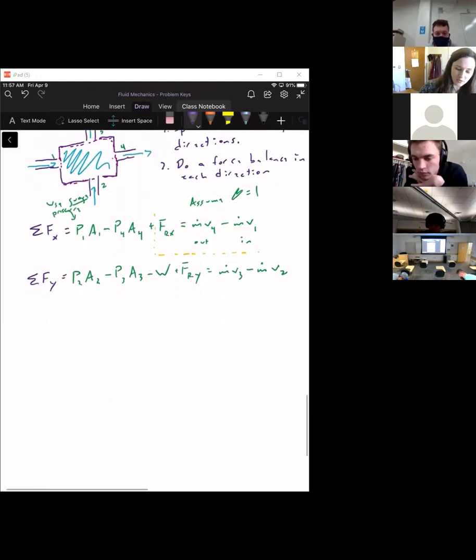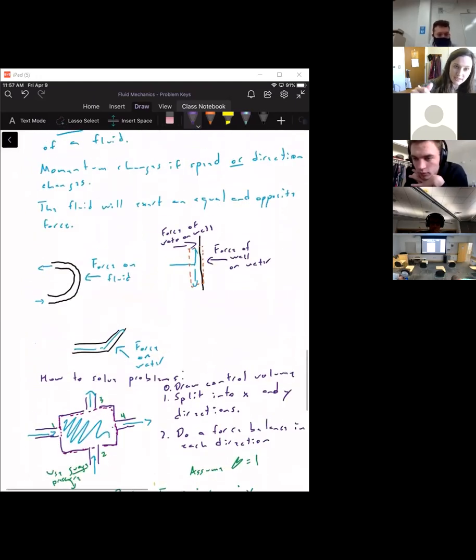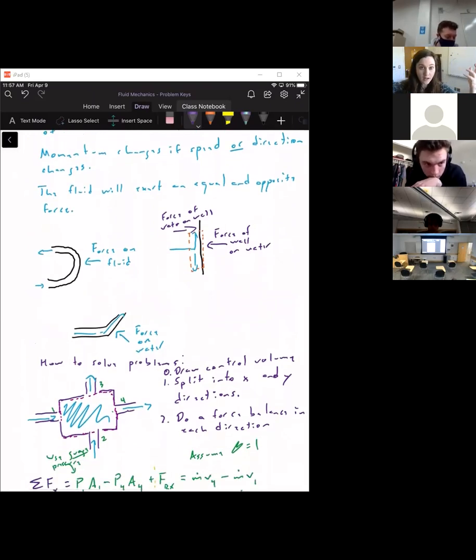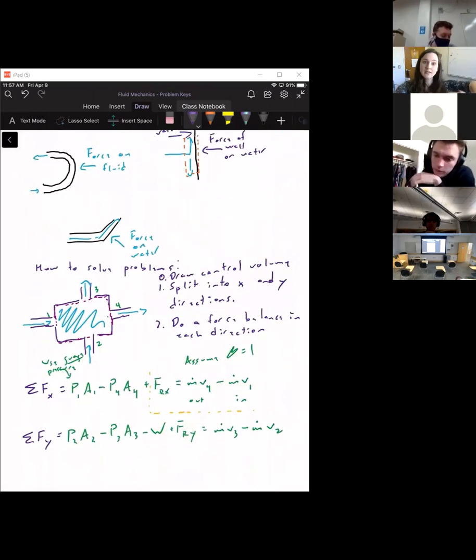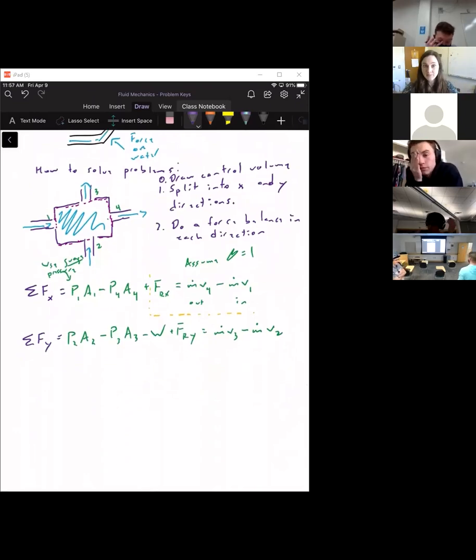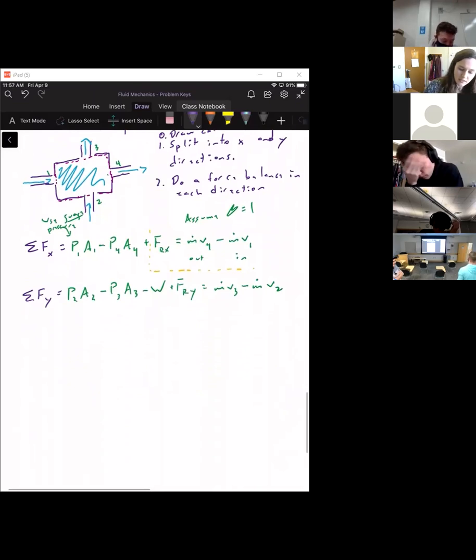All right, so we got through integral or macroscopic mass and momentum balances, and they're called integral balances because we basically integrated over this volume to get balances on the mass or momentum in a big volume of fluid. The other things we talked about were differential mass and momentum balances.